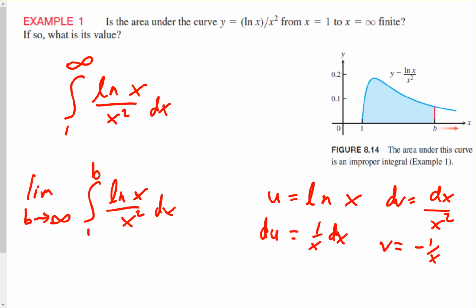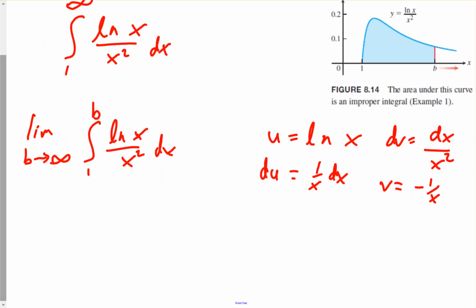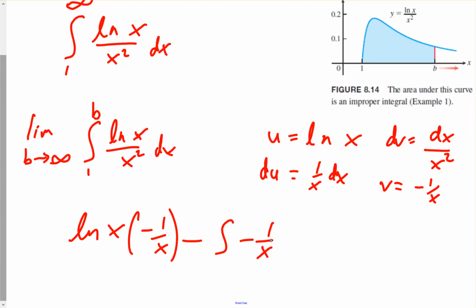Okay, so when we go to integrate, we would have uv, so we have negative, that would be ln x times negative 1 over x, minus integral of v du. So negative 1 over x times 1 over x dx.